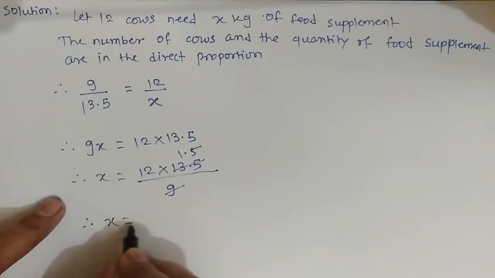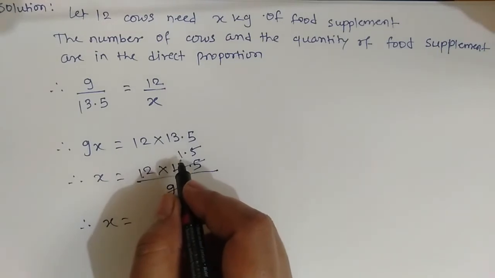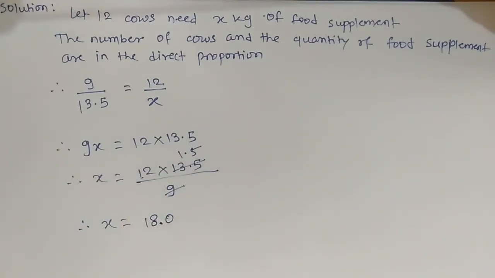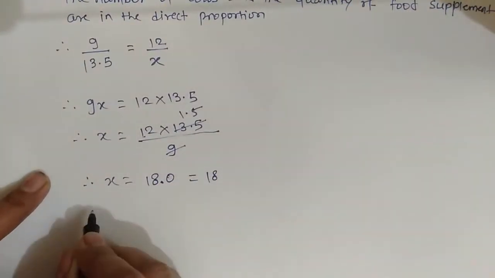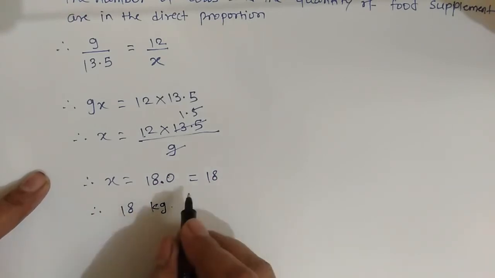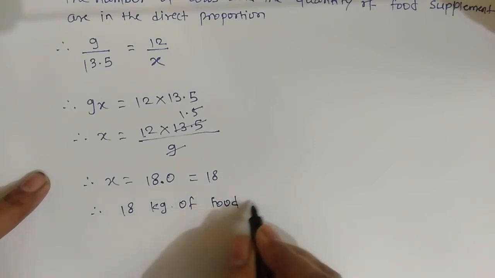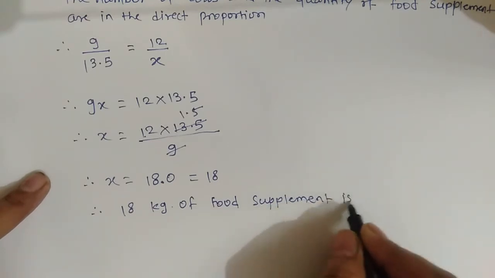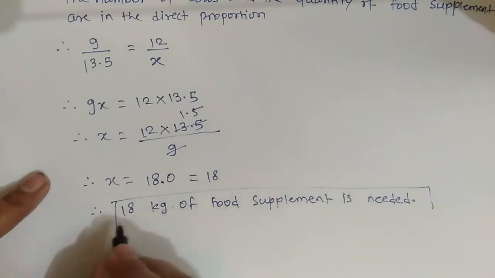So therefore x is equal to 12 5s are 60, 12 1s are 12 plus 6 is 18. Therefore 18 kilo of food supplement is needed. Very simple.